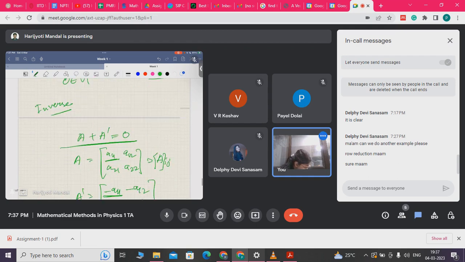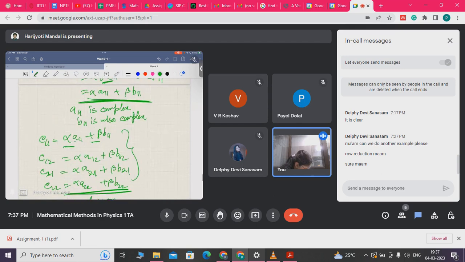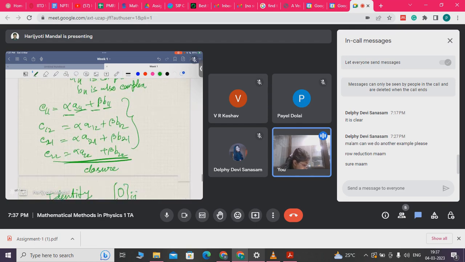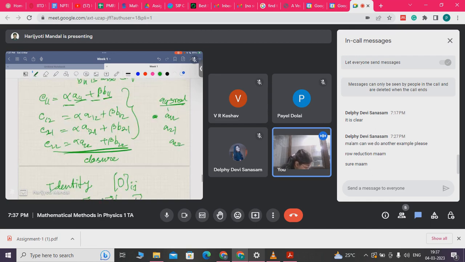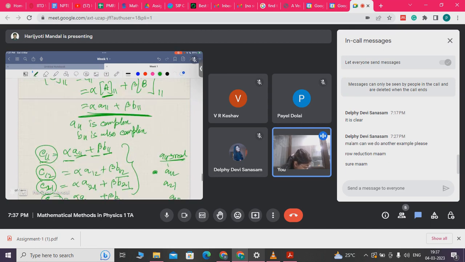Similarly, you can see that V2 is also a vector space. V2 is the space consisting of 2 by 2 matrices with real entries. Here we assumed A11 is a complex number, but there it will be said that A11 is real. Everything will be the same: A11, A12, A21, A22 are real, same as B11, B12, B21, B22.